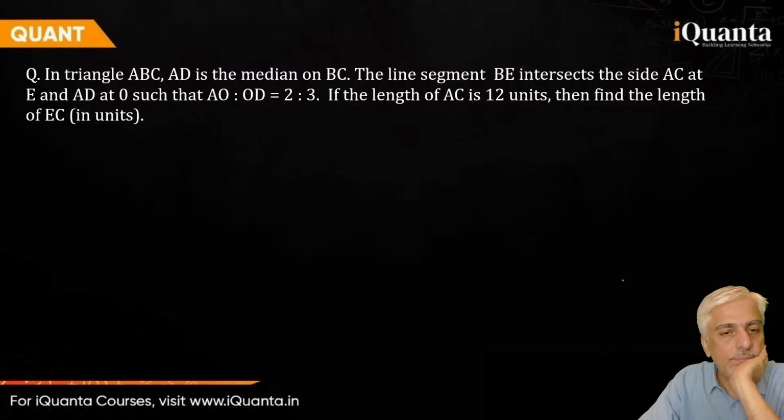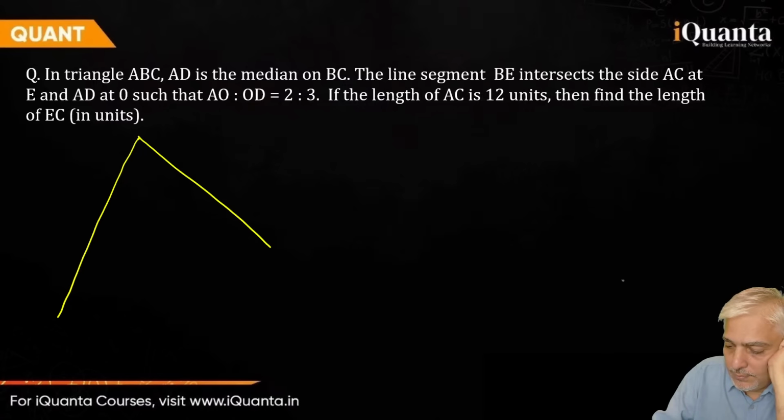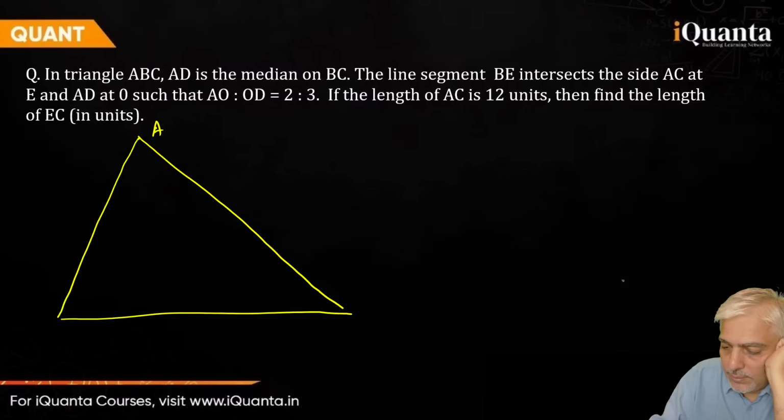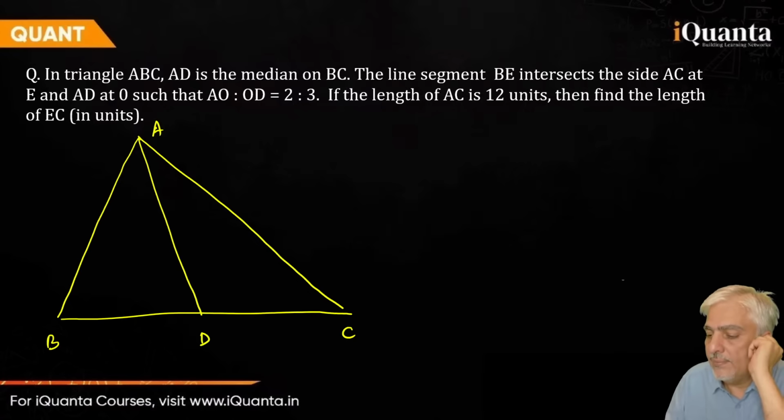Next one. In triangle ABC, AD is the median on BC.